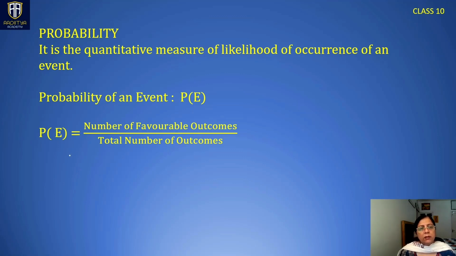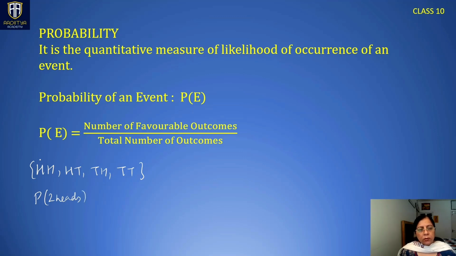The probability of an event in mathematical measure is given as the number of favorable outcomes upon the total number of outcomes. So if I say I have tossed two coins, what is the probability of getting two heads?